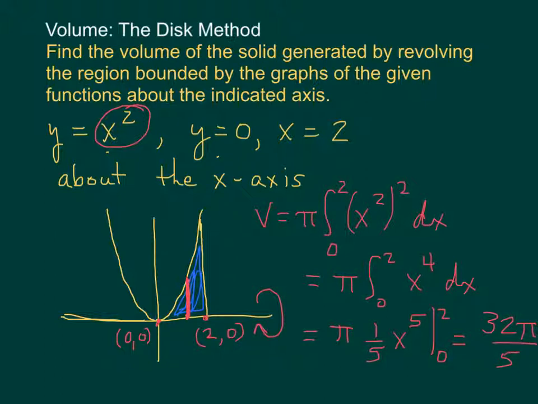So 32 pi over 5 cubic units would be the volume of the solid of revolution that would be generated by revolving this region about the x-axis.